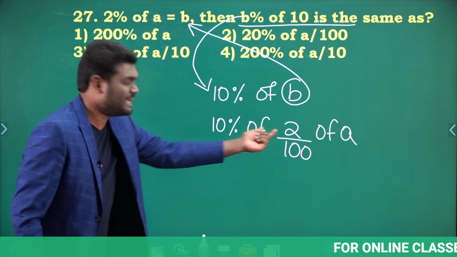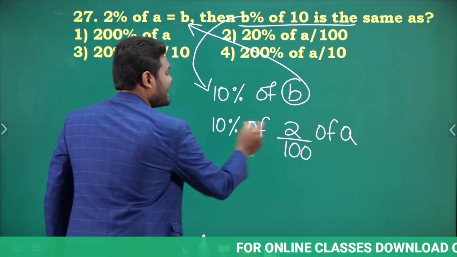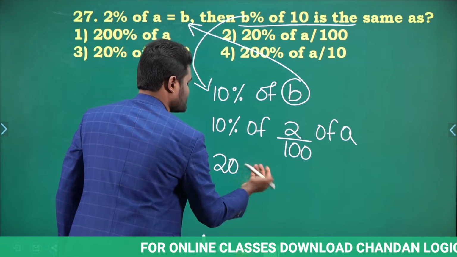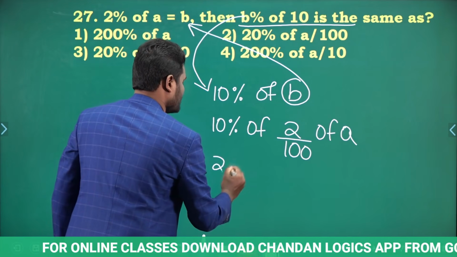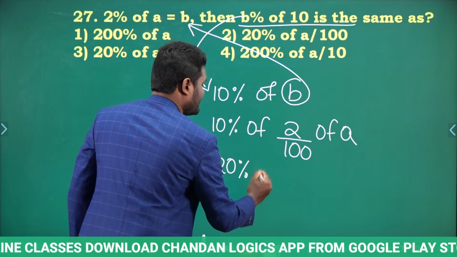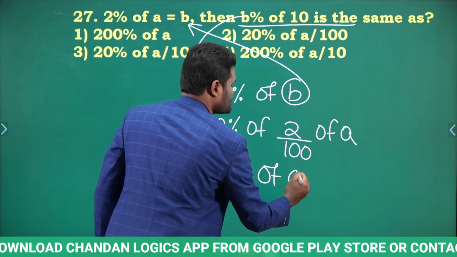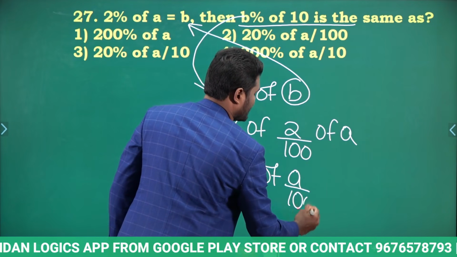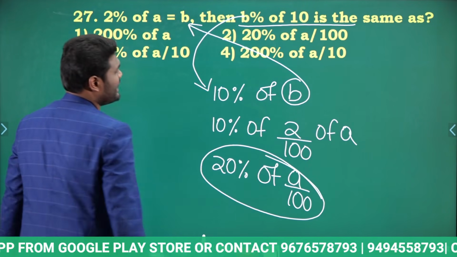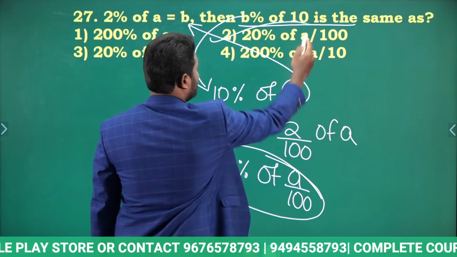That is the reason multiply this. When you multiply this, 10 into 2 is nothing but 20%. Yes or no? 20% of, now is going to be A by 100. Yes or no? So look for the option showing 20% of A by 100, which is the second option.